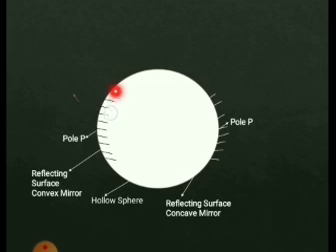Now, if we consider a slice of this hollow sphere and take the midpoint of that slice, it acts as a pole. In short, the exact center of a convex mirror is termed the pole, and the exact center of a concave mirror is also termed the pole.